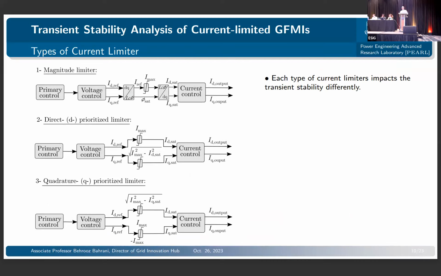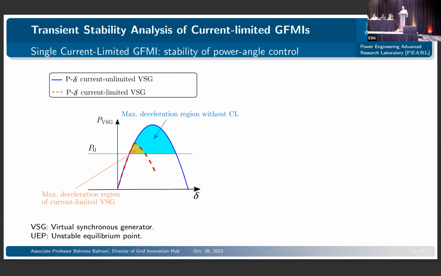Now, each of these types has, obviously, its own impact on the transient stability. But what we studied was the Q-prioritized limiter, because this is a more accepted, more essentially used version of these current limiters. And it actually helps you to inject some reactive power while you're going through a fault. And the rest of the analysis is done based on this type of limiter.